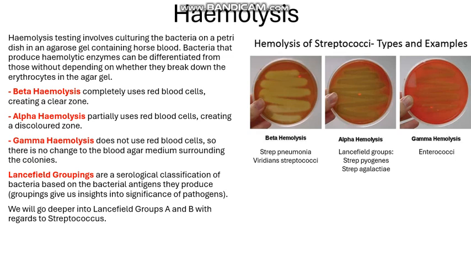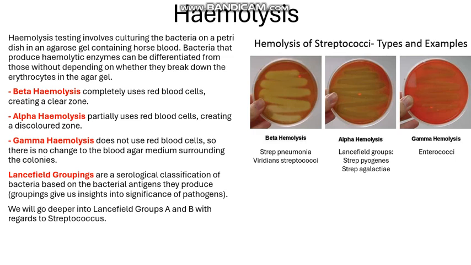So you can imagine you would have had the horse blood and the nutrient agar on this petri dish. They would have got the sample of Streptococcus from the patient sample, smeared it onto the petri dish, cultured it for a few days, and come back to it. And you can see that the red blood cells in the nutrient agar have been broken down, indicating that the streptococci have these hemolytic enzymes, and this is what we call a beta hemolysis.